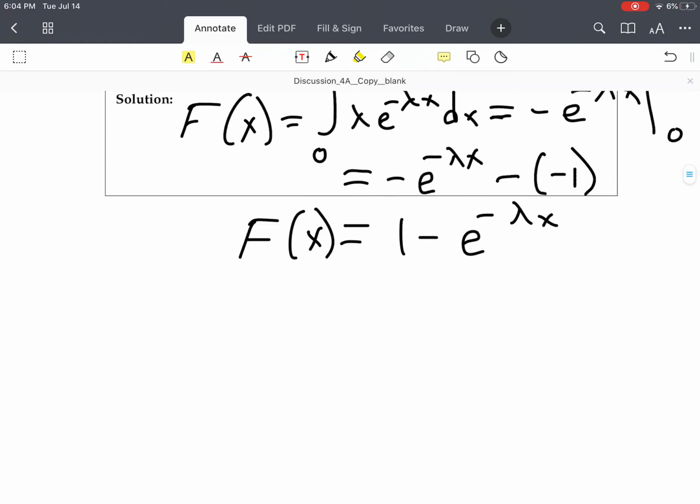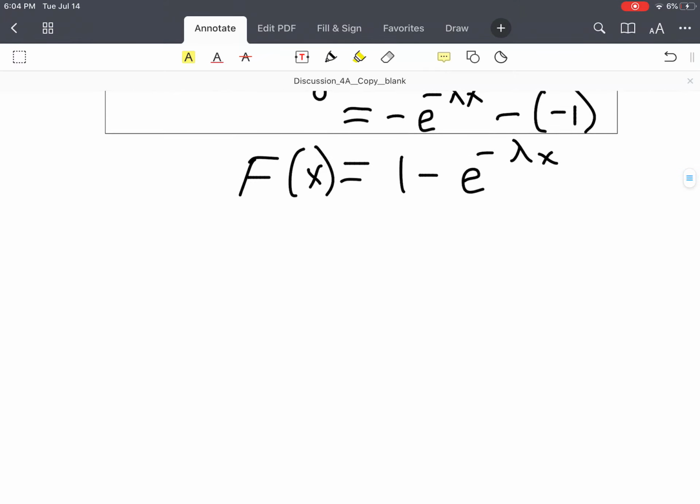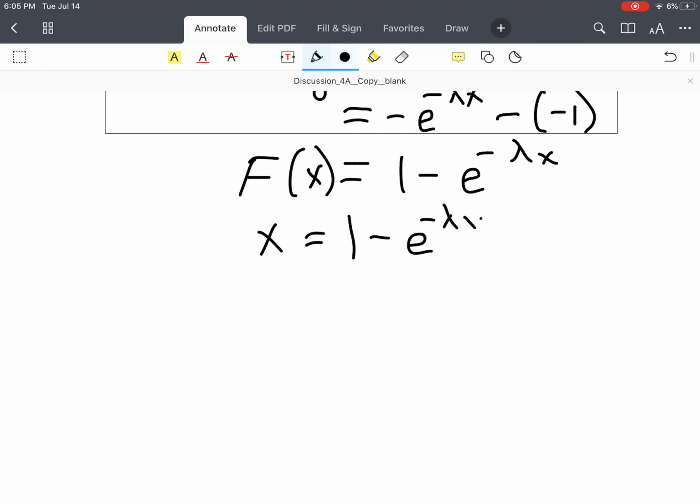Now the next step is we want to invert it, to find the inverse of F of x. There's a classic method where you switch x and y and then solve. So x is equal to 1 minus e to the negative lambda y. Then e to the negative lambda y is equal to 1 minus x.